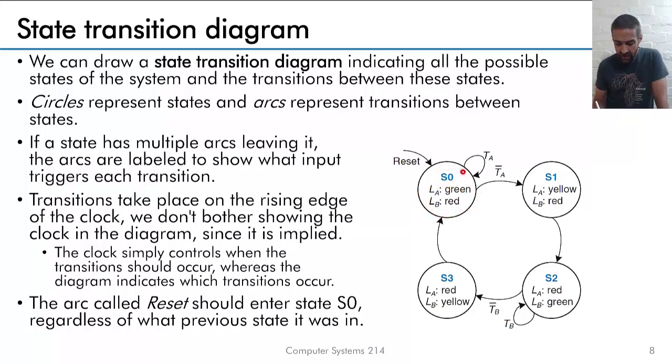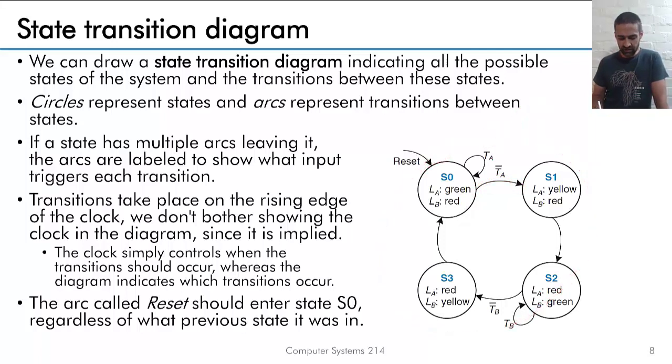And then it says while TA is 1, so while there's traffic in that lane, just stay in that state. Then, if there's no traffic in that lane anymore, and there's a rising edge, so the rising edge is not shown, it's implied.